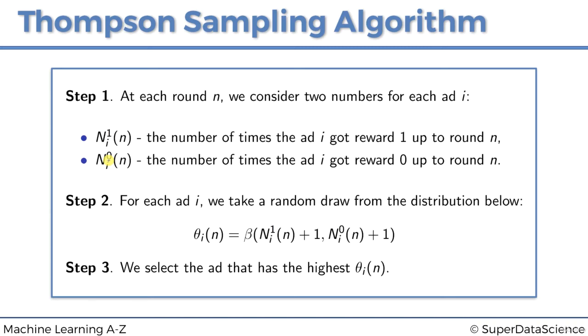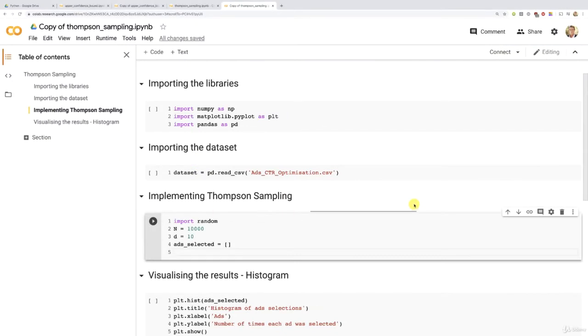Okay, good. Let's do this together. So as we said, we want to introduce two new variables, which will be two lists. First, for the numbers of times each ad gets the reward 1, and we're going to call that numbers_of_rewards_1, all right? And as we said, we want to initialize it as a list of 10 elements, and all these elements should be initialized to zeros, because at the beginning, no ad got any reward, right?